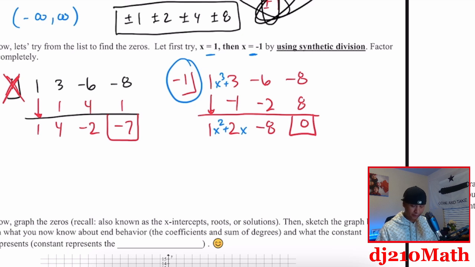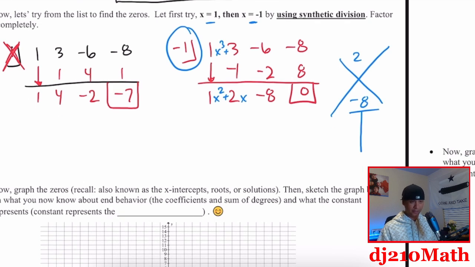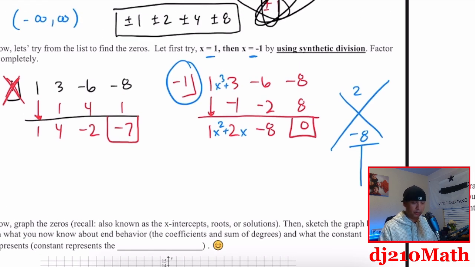And if you try to factor this quadratic, x squared plus 2x minus 8, using traditional methods, 2 numbers that multiply to make negative 8 that add up to 2. This may or may not work. If this doesn't work for whatever reason, we could do synthetic division again using numbers from our list.